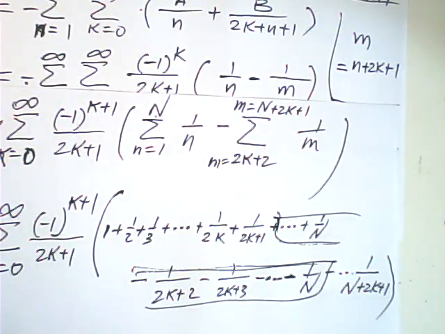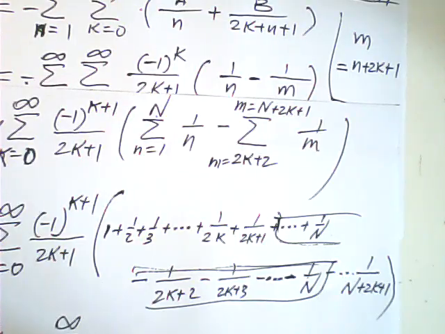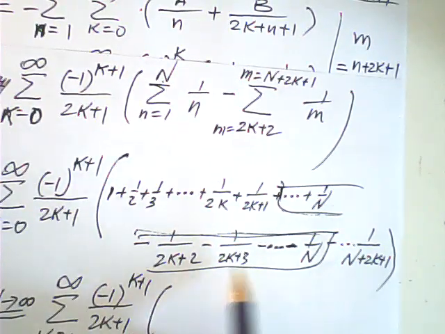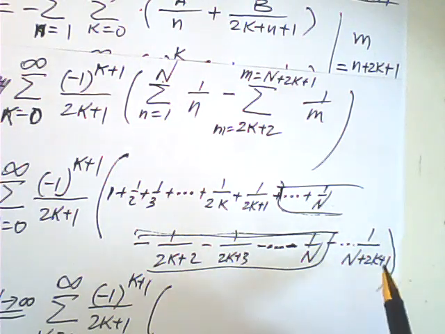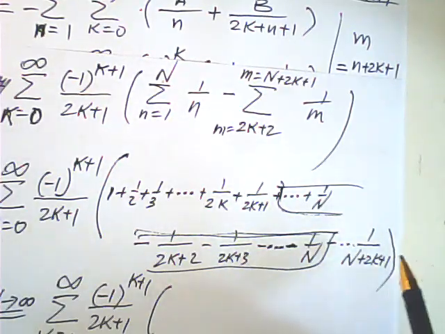So my I is equal to, when capital N approaches infinity, the sum over k equals 0 to infinity of 1 over 2k plus 1 minus 1 over k plus 1. Everything is gone as N approaches infinity.